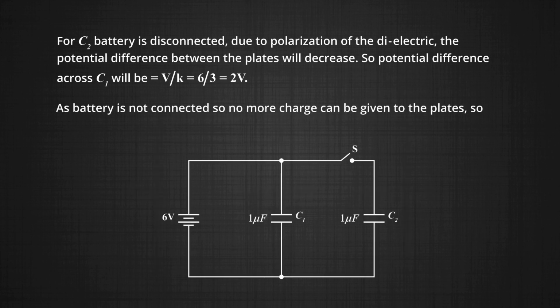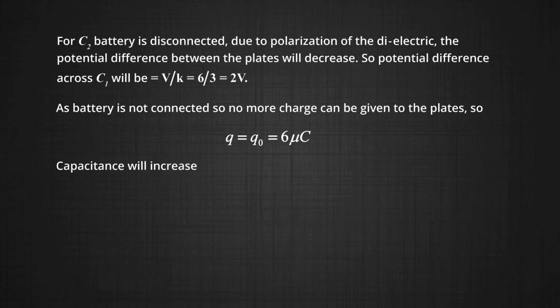As battery is not connected, no more charge can be given to the plates. Therefore, Q will remain equal to Q naught, which is equal to 6 microcoulomb. The capacitance will increase. So, C will be equal to K into C naught, which is equal to 3 into 1, equal to 3 microfarad.